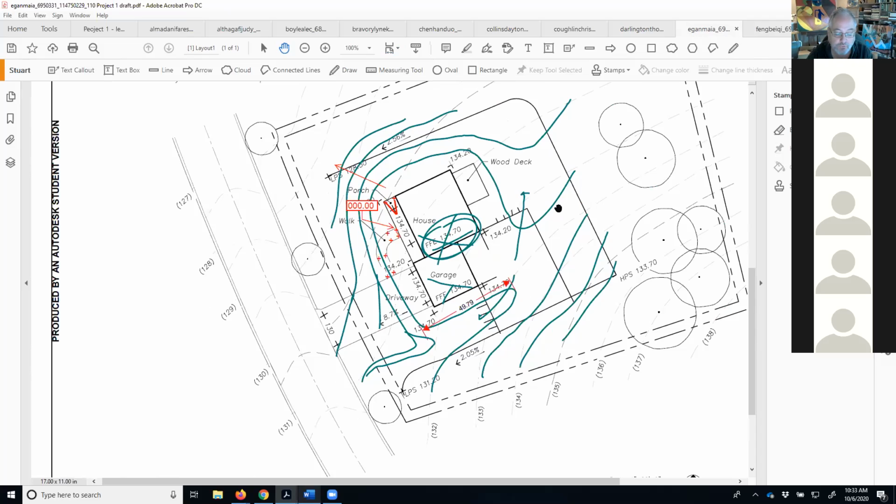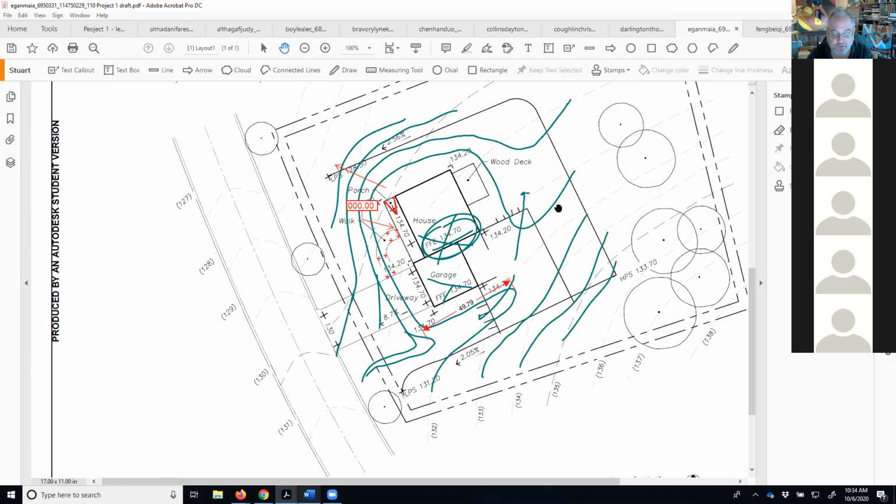Then once I have my overall picture, I'm going to go back and check the slopes to make sure it actually works. I will readjust my contours accordingly. And once I have those contours tied down, I can then use those as spot elevations to determine the rest of the spot elevations. That's one process I can go through.